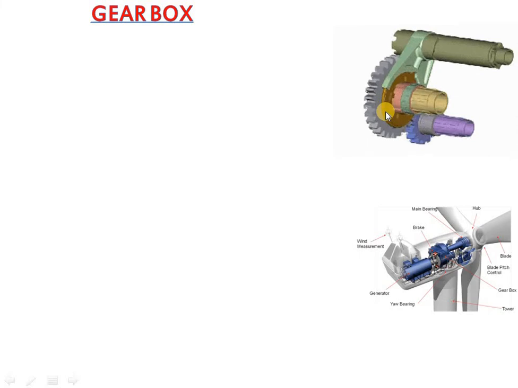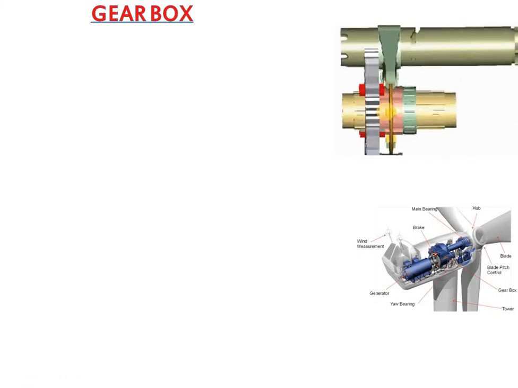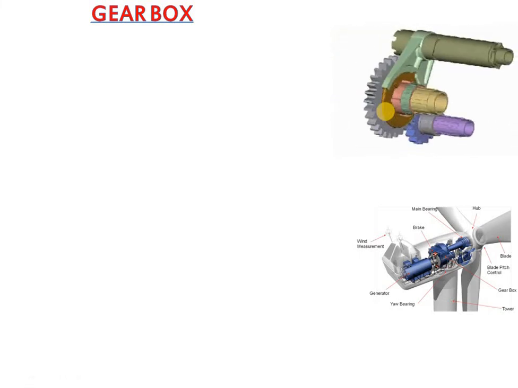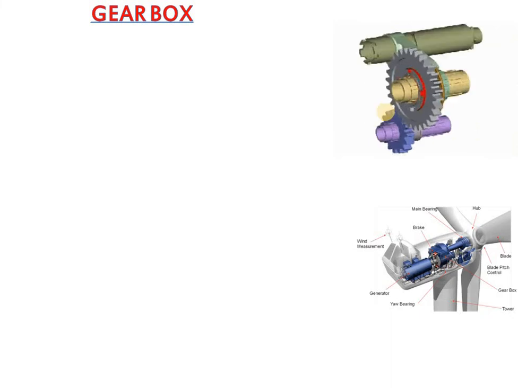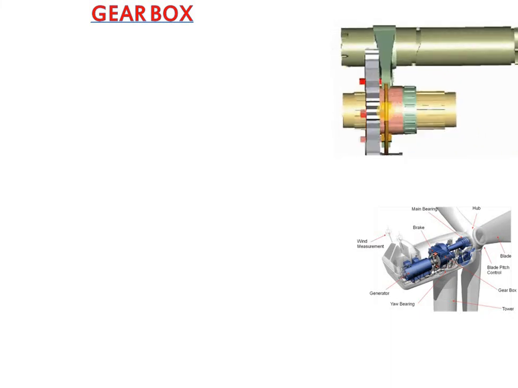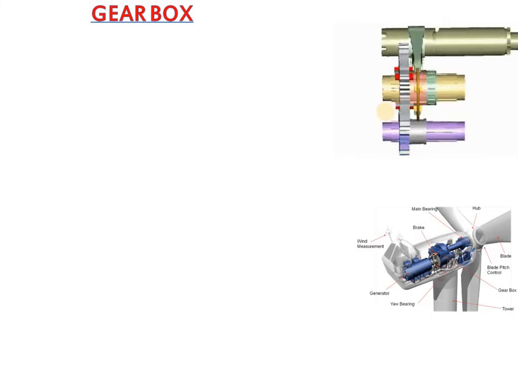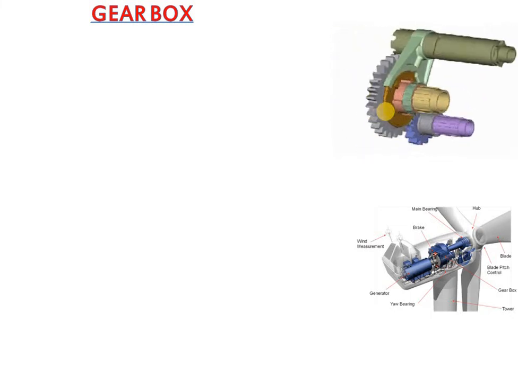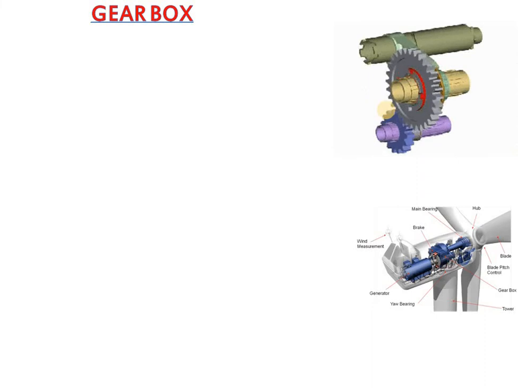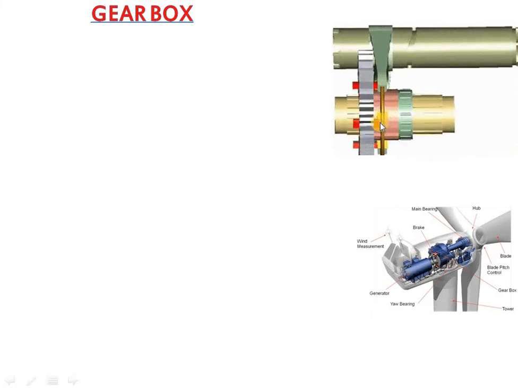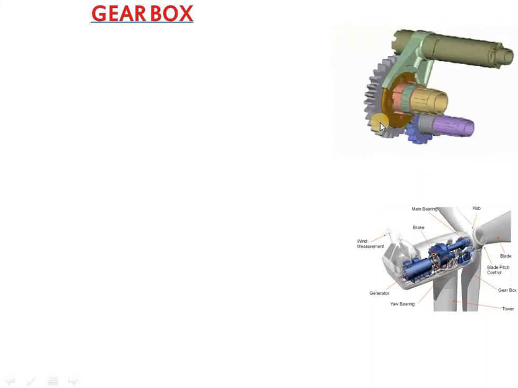Usually in a vehicle, for example a car, there is a gearbox, which is used to transfer the engine rotation to the wheels. This is usually done using a gearbox in a car or a vehicle.